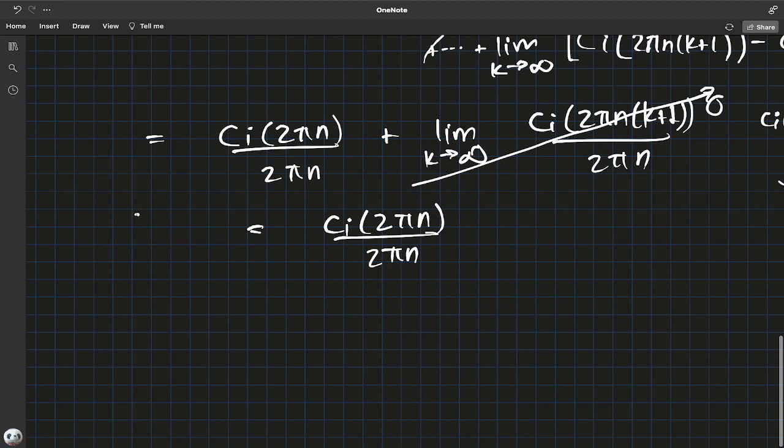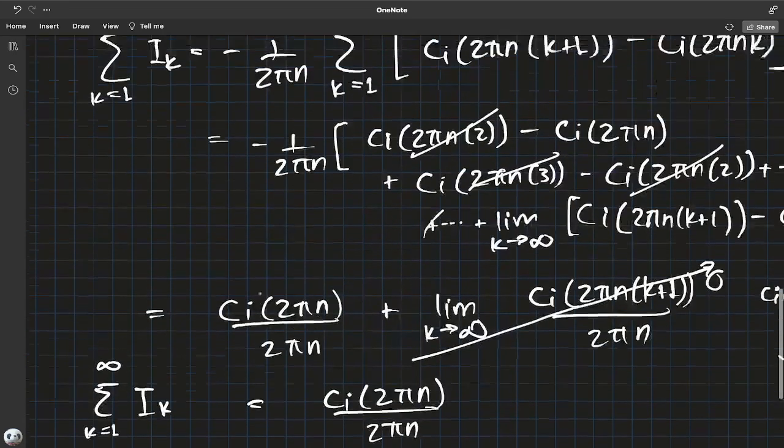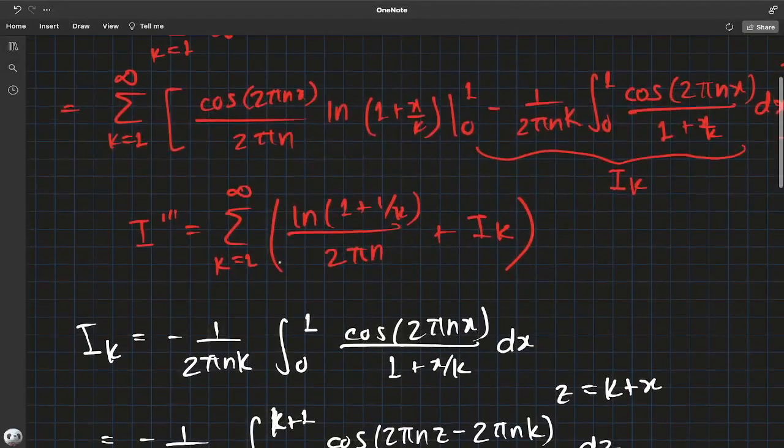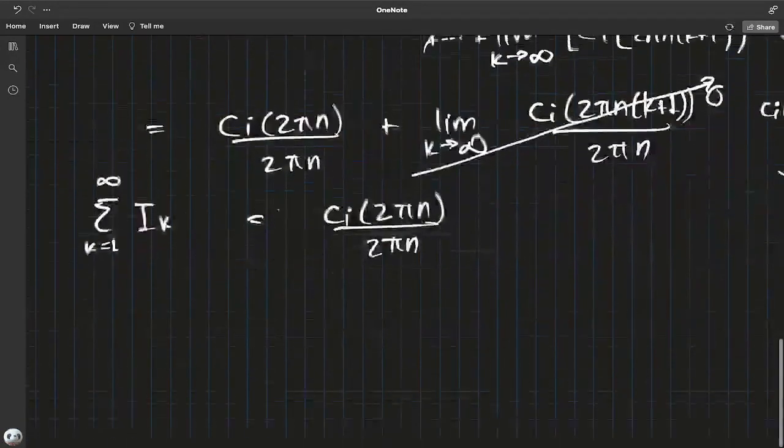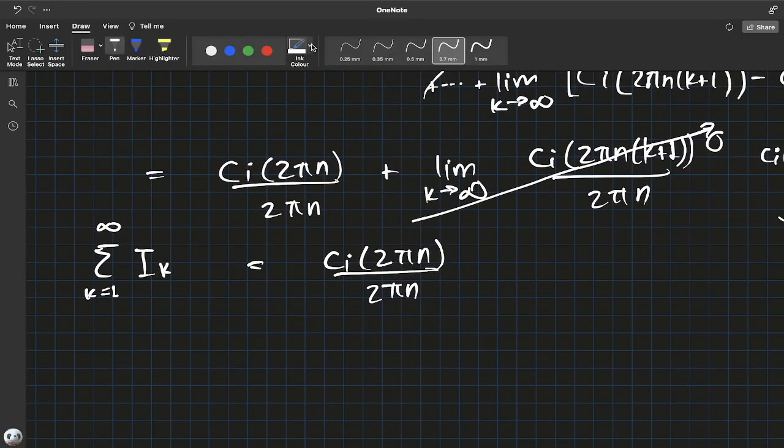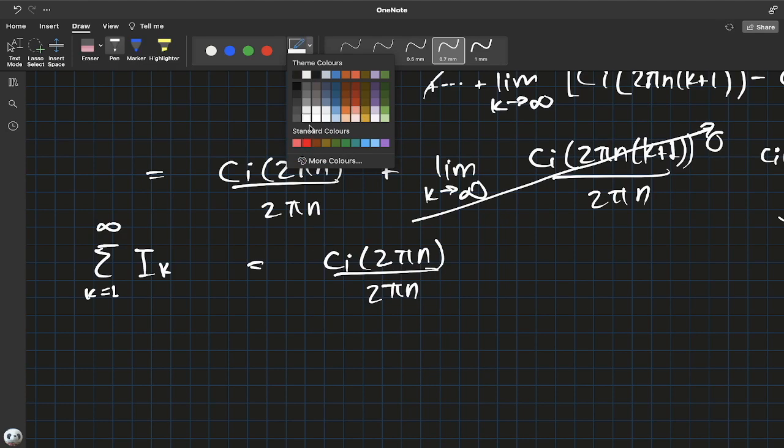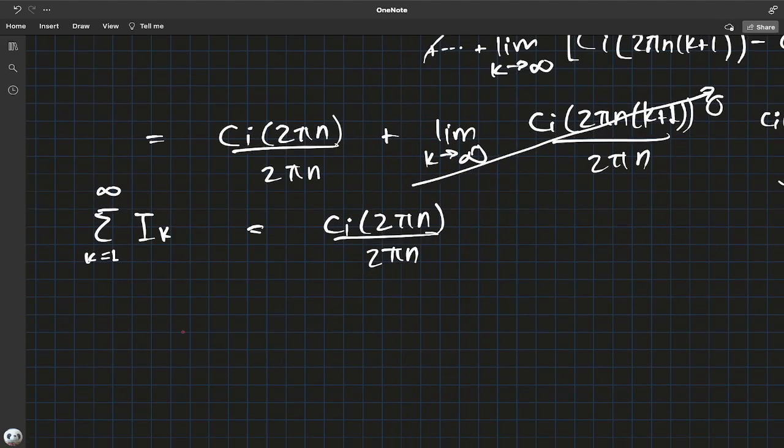So this is what I sub k summed over becomes. Now it's time to replug this back into our I triple prime. With the right choice of color that we had initially, I'm going ahead and plugging it back.